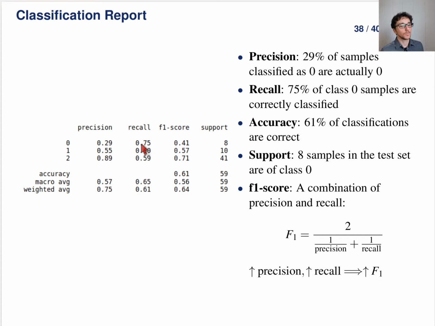And recall 0.75 means that 75% of class 0 samples are correctly classified. Then we have the F1 score, that is a combination of precision and recall. The accuracy is the overall success rate, so it is the percentage of times that our classified class was equal to the actual class. And then we have the support, that is just the number of samples of each class.